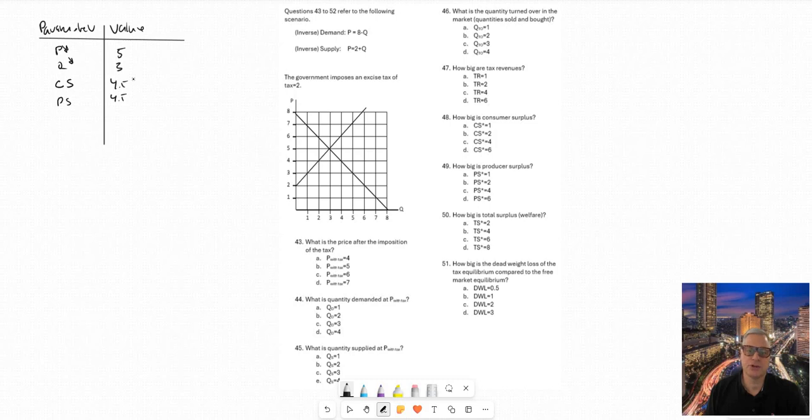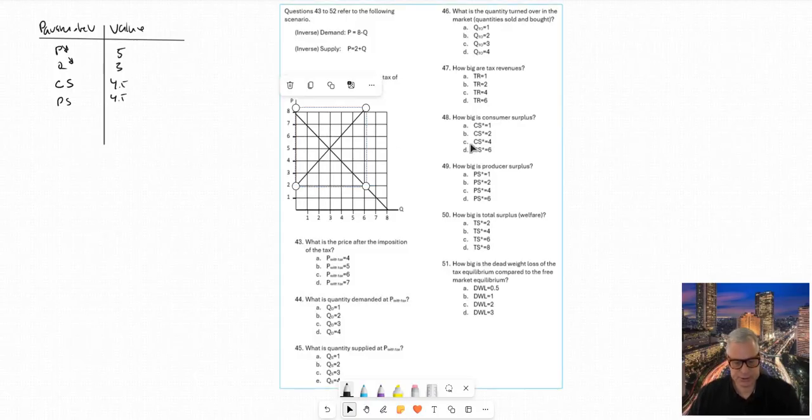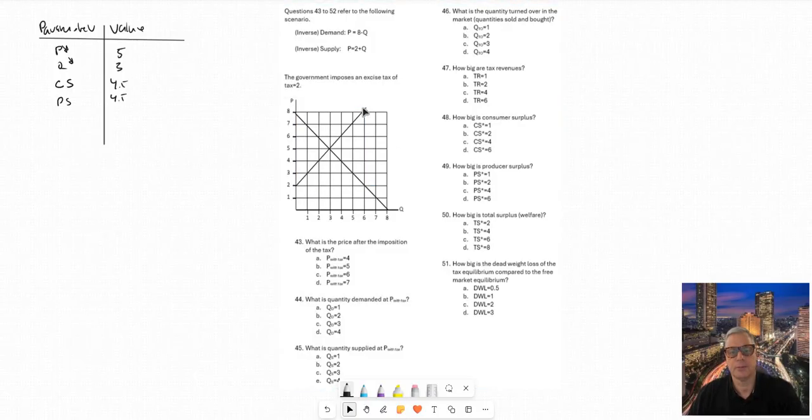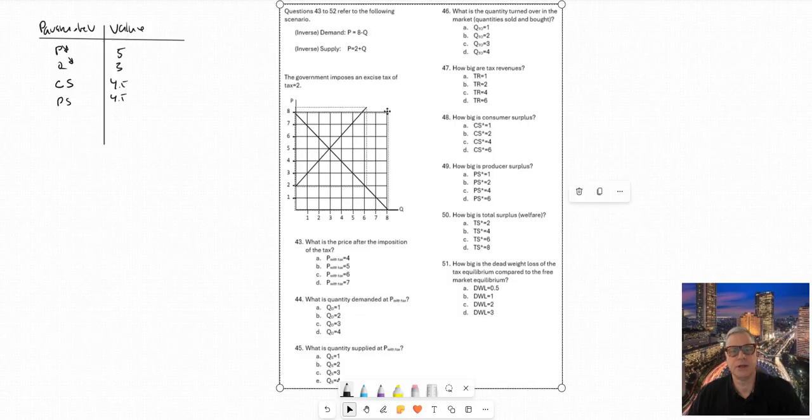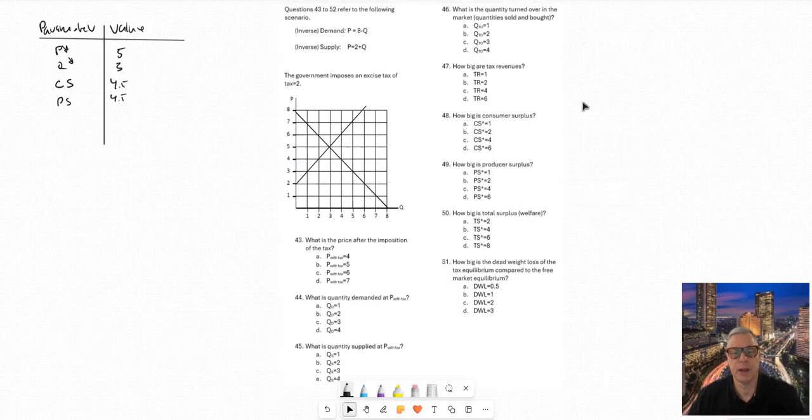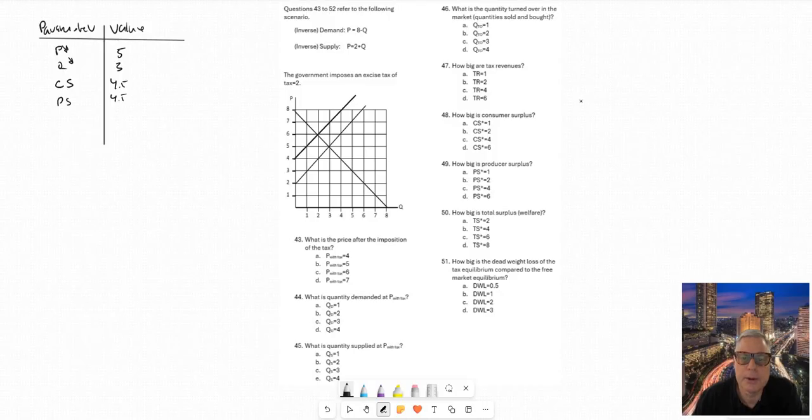But what matters now is that we have a tax of 2, and what the tax does is it shifts the supply curve up by 2. So this curve is being shifted up by 2.